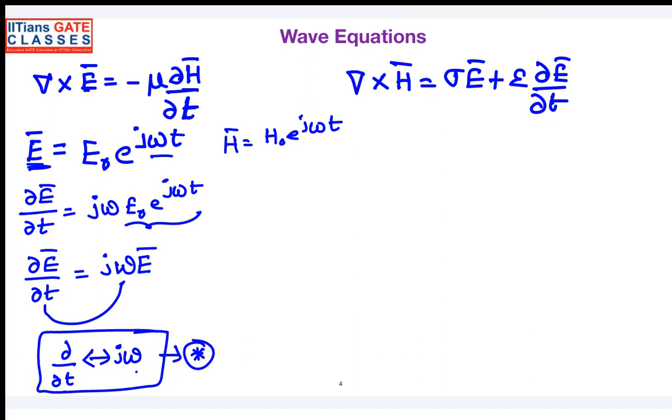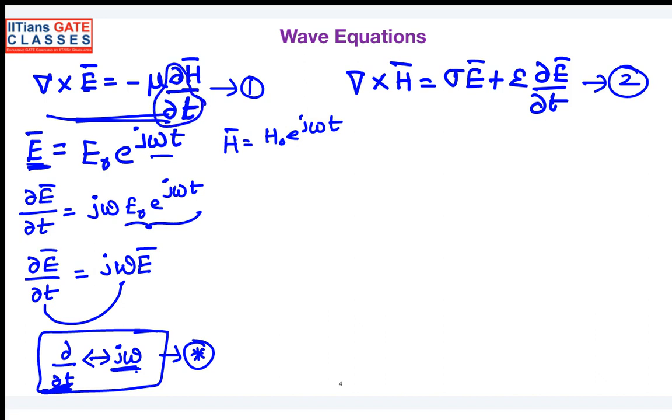In our electromagnetics, wherever the dou by dou t term is present, from now onwards I will replace it with j omega. So I will start with the first equation. You take the first equation and second equation and rewrite those equations by replacing dou by dou t with j omega.